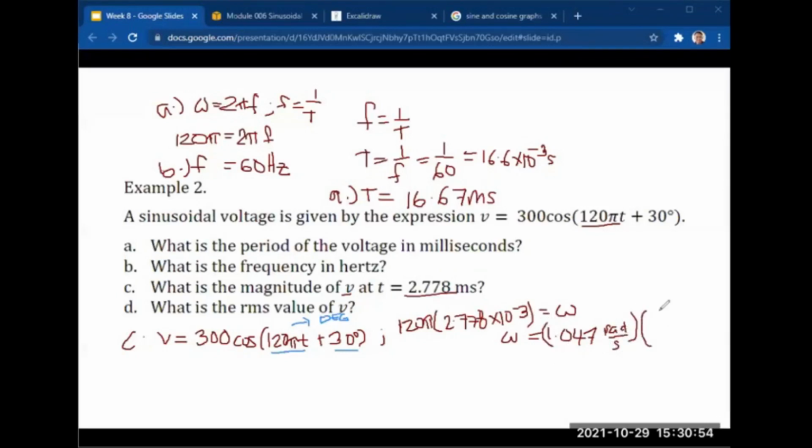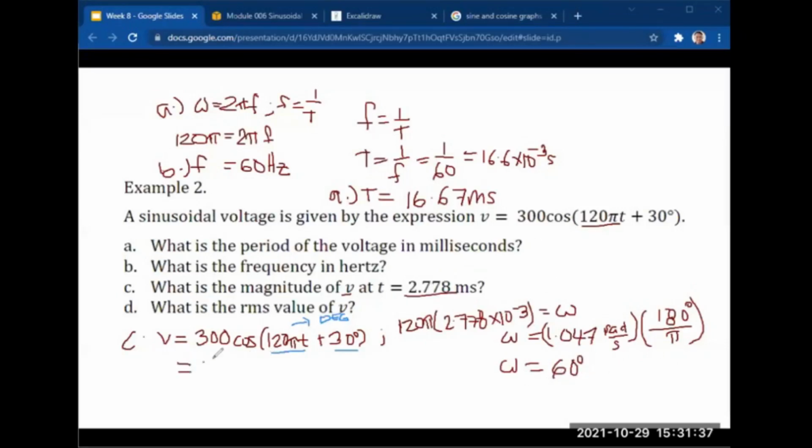So we will multiply this by 180 degrees over pi, which is equal to 60 degrees.